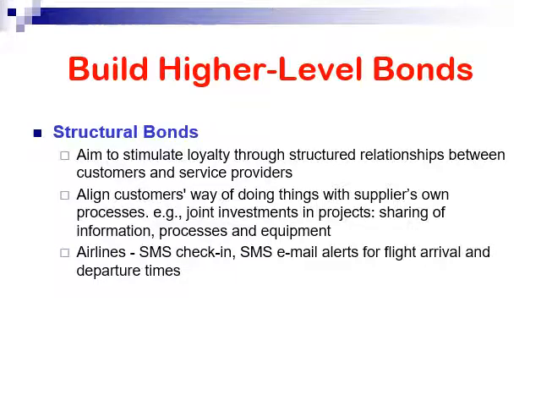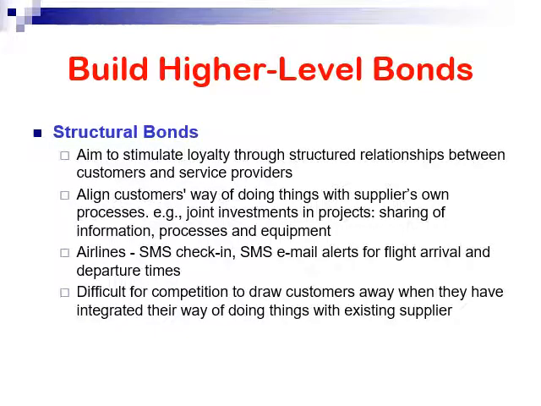For example, in the airline industry, airline companies keep sending SMS, short message system, SMS check-in, SMS email alert for flight information like arrival, departure, or change of gate information, something like that. That means it's kind of aligning the customer's way of doing things with service providers' process and equipment.